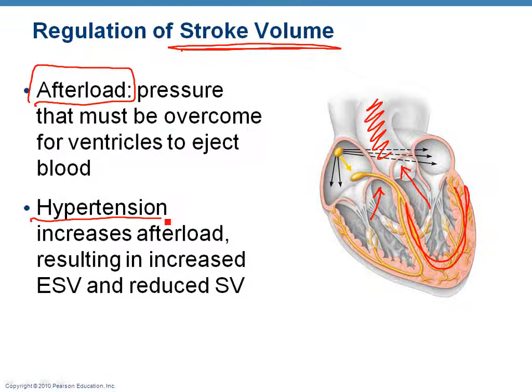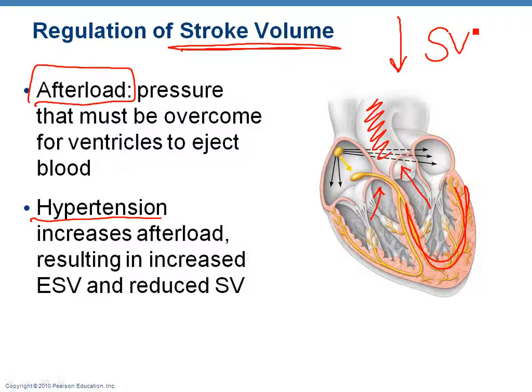How is that going to affect your stroke volume? It's going to cause it to go down. You're going to have less time during which the ventricles are contracting at the same time that those valve flaps are open, during which you can squeeze blood upward into those blood vessels.